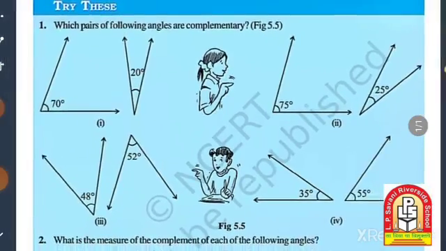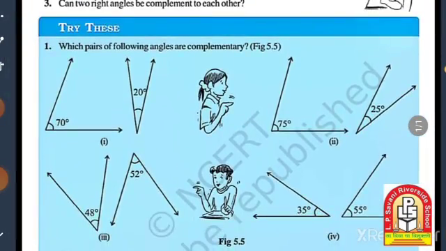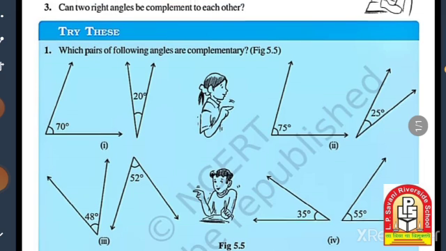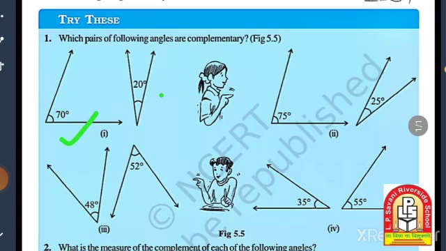And here, which pairs of the following are complementary? In the first, 70 plus 20 is a complementary pair because 70 plus 20 is 90. Then 75 plus 25 is above 90, so that is not complementary.